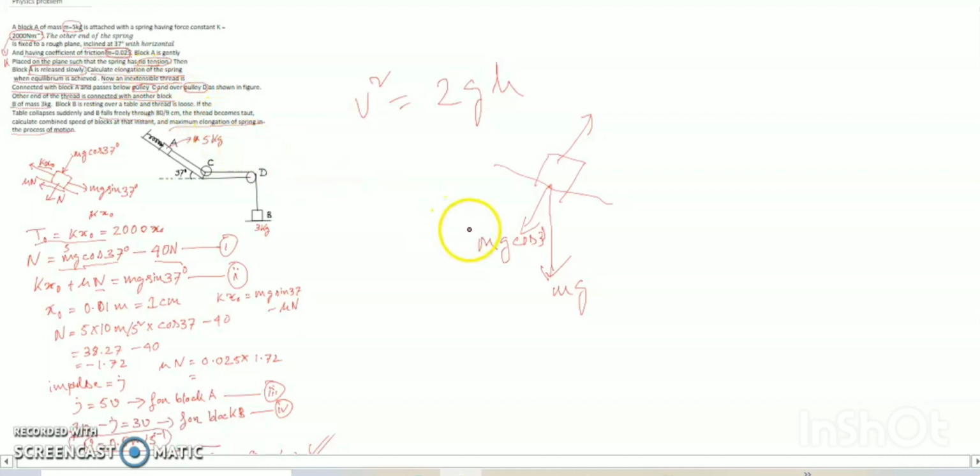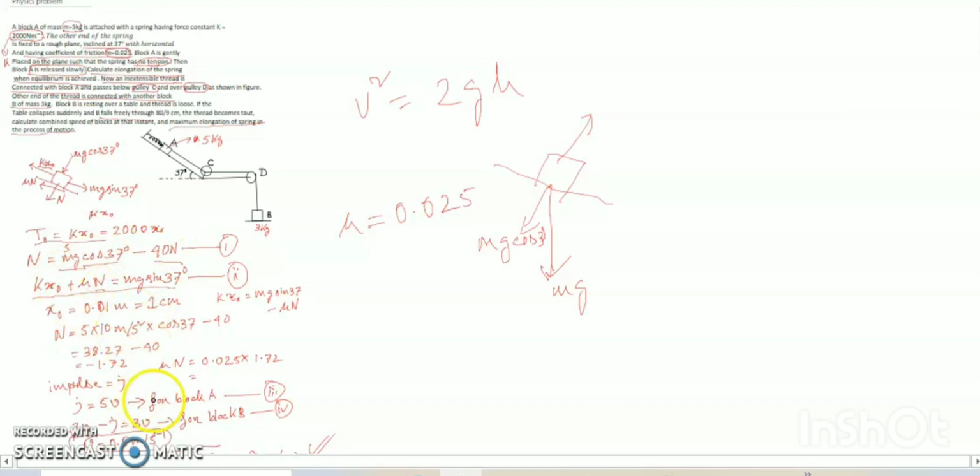So how do I get it from the frictional force? From the frictional force we get 40 Newton, and kx0 plus mu N, because friction is also opposite, and mg sin 37 degree. This is a very clear equation, and x0 I get by putting the value mu equal to 0.025 and the N value, then I get 1 centimeter.